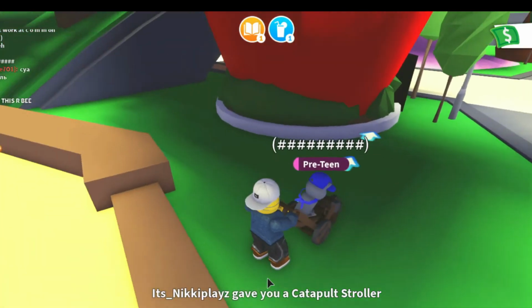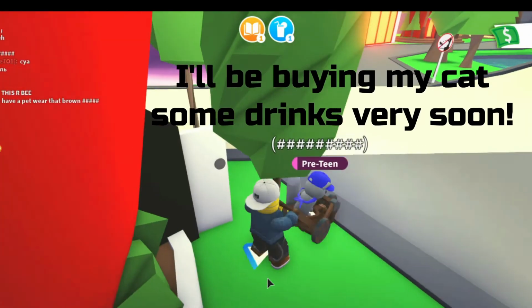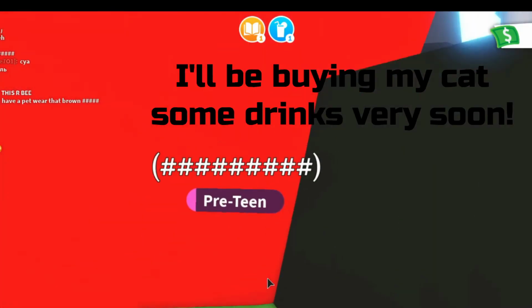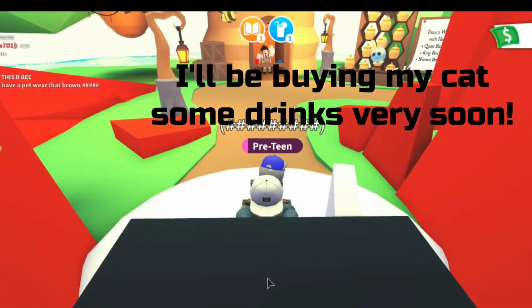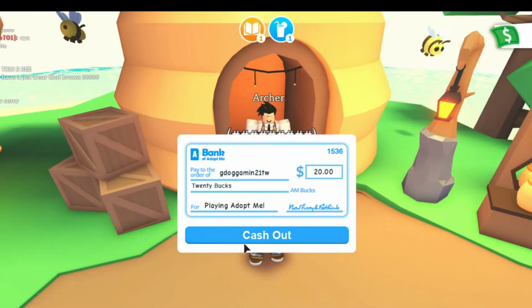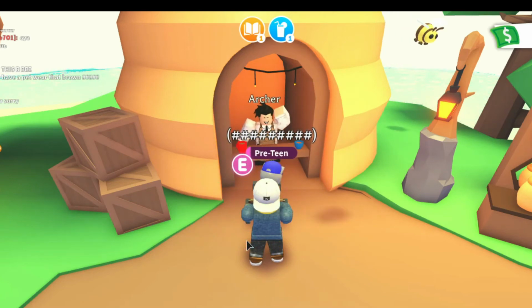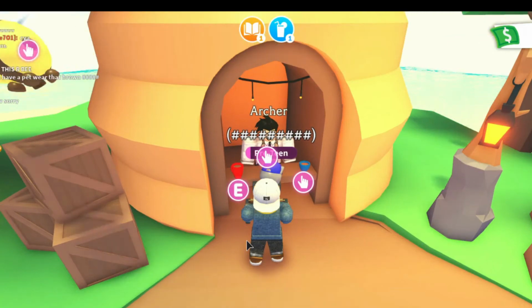Catapult stroller now. Oh, there we go. That was kind. Oh, and I got $20, a $20 bonus. I think we'll be spending that here at this little shop.